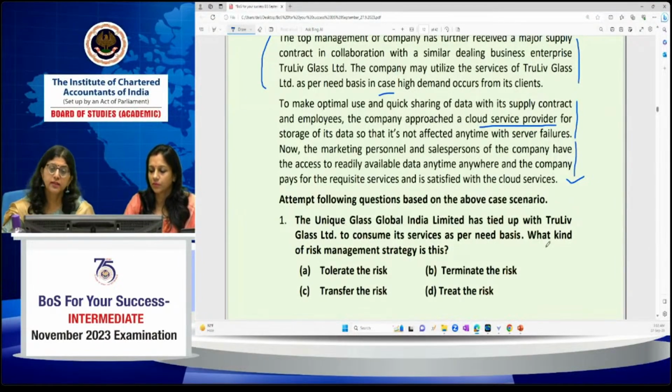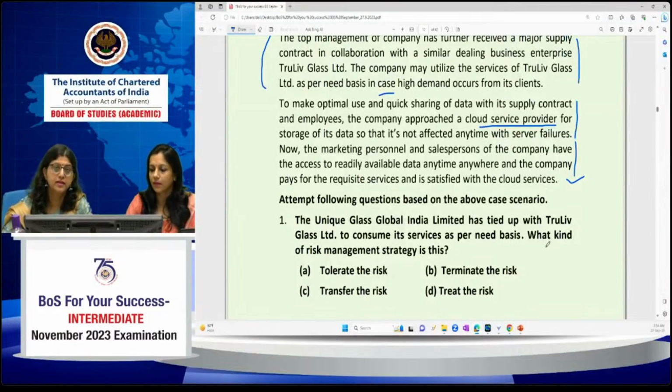Now, do you think there is a risk associated? Yes, of course. Why? The risk is that if the demand increases and the company is not able to deliver the products, then in that case, given the competition in the market, they will face tough competition. So for that particular risk, Unique Glass Global India Limited has already anticipated that this situation may occur.